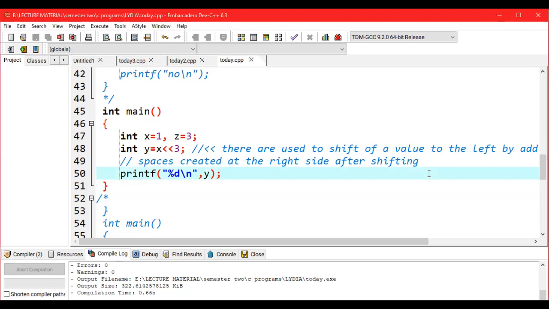So they're telling you, if you write numbers in binary form, how do you write this 1 in binary form? It will be 0, 0, 0, 0, 0, 0, 0, 1.